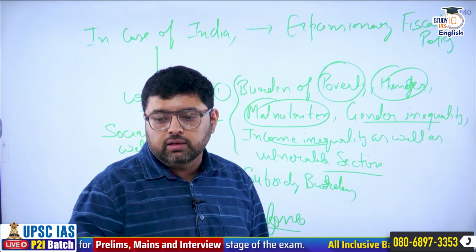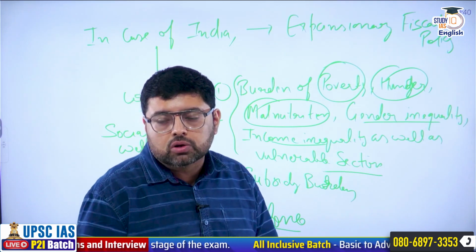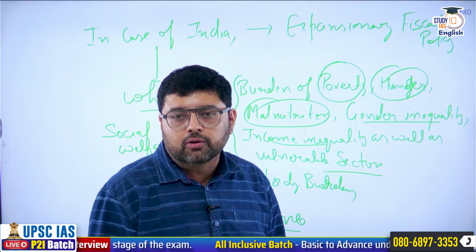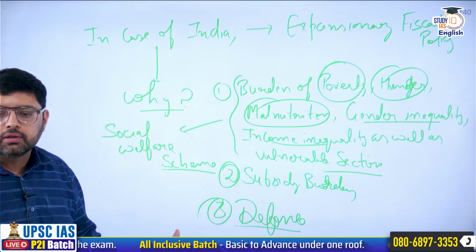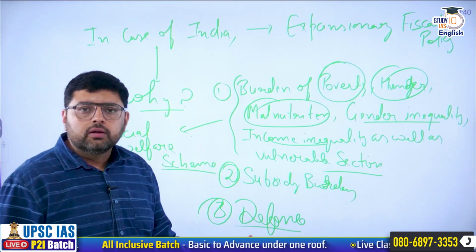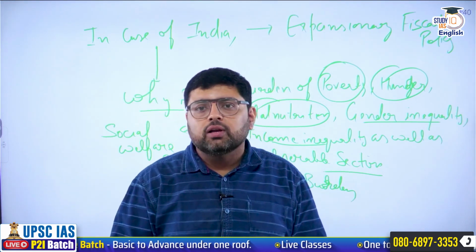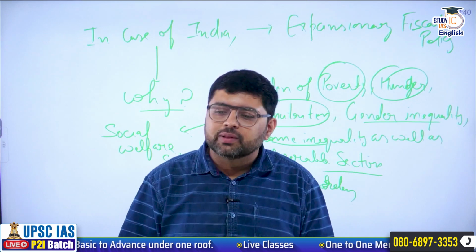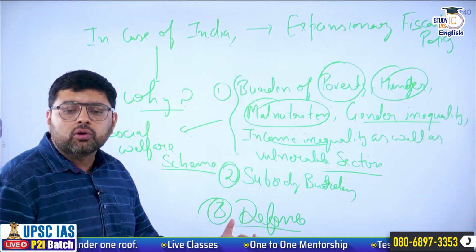So if my neighbors have nuclear weapons, I also have to have nuclear technology. I hope now you understood. So if my neighboring country does not have them, my expenditure will also not be there. Clear?